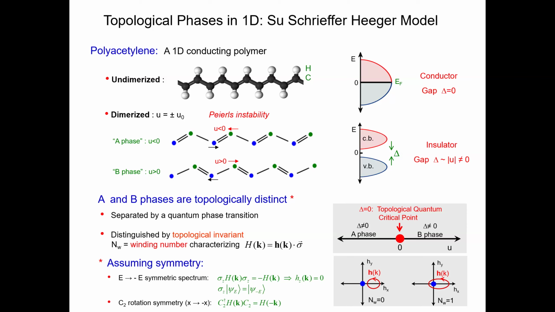This symmetry is called particle-hole symmetry, and it's represented by an operator that anti-commutes with the Hamiltonian. If I operate this sigma z on the Hamiltonian, I get minus the Hamiltonian.